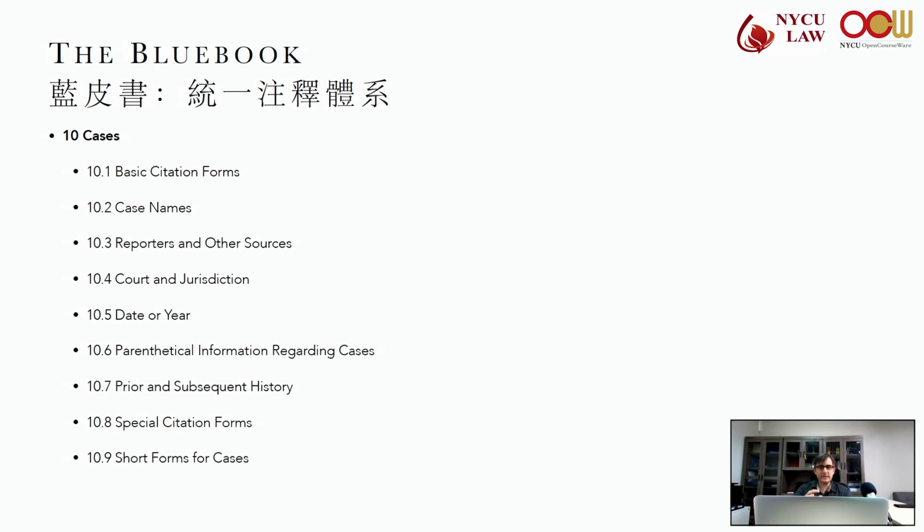The fifth footnote, we have a new case. The sixth footnote, we can use id for the New York case. So in the 7th, we are citing to Hernandez, which we are in the first footnote.